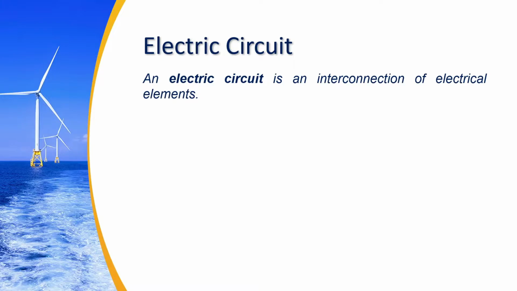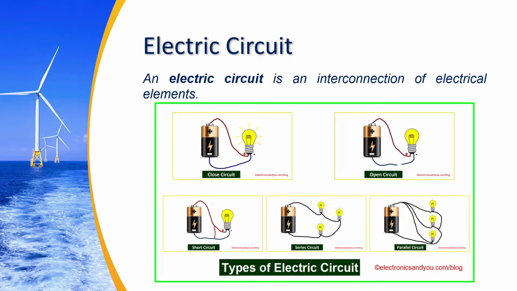So, that's what you call the electrical elements. So, ito yung different types ng electric circuit. So, meron tayong tinatawag na closed circuit, open circuit, short circuit, series circuit, at parallel circuit. So, lahat na ito is madidiscuss natin dito sa electricity. Okay?